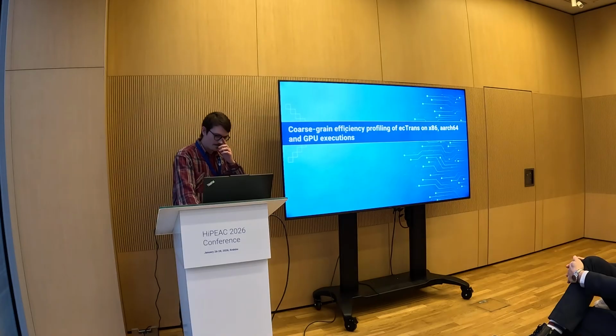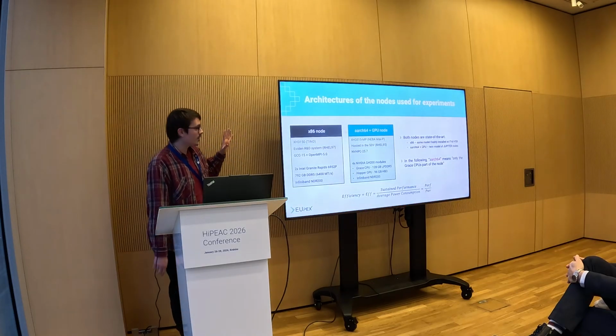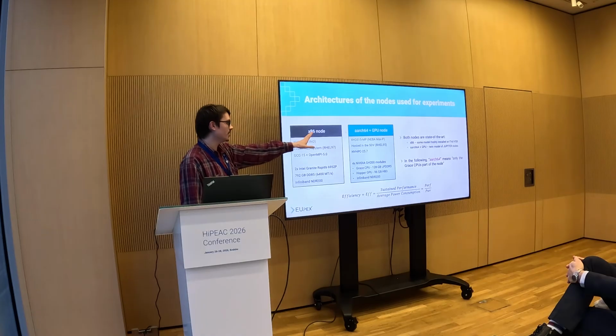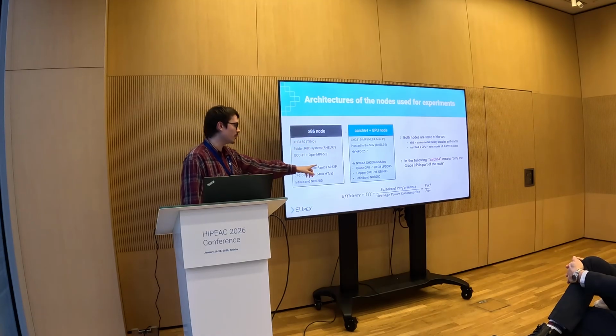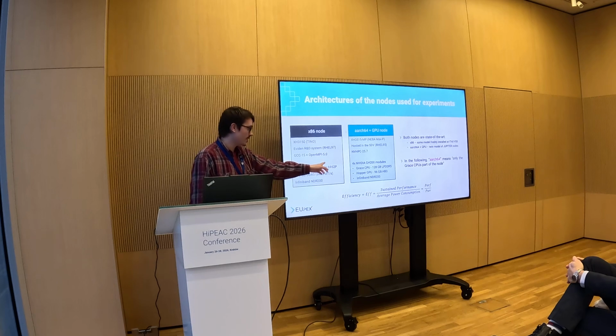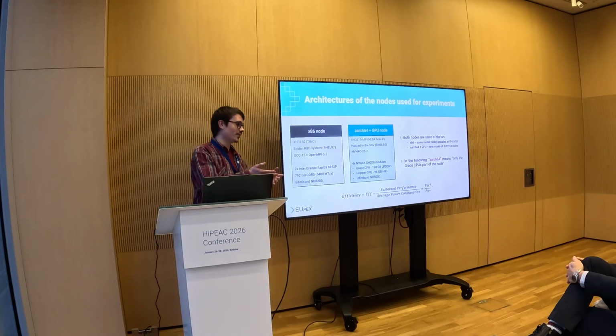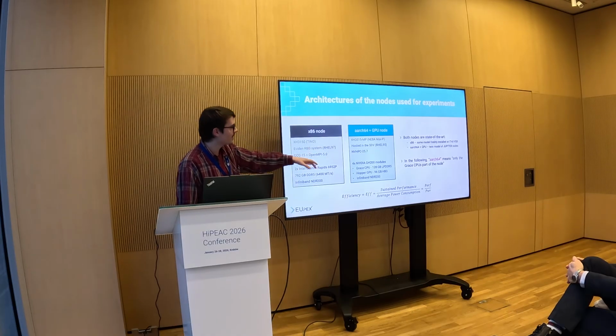Okay, so the first study. The goal is to see what is the best architecture to execute EC-trans between 3 of them. The first one is an x86 node. It's a state-of-the-art Intel-based compute node with 2 Intel Granite Rapids CPUs. VSB, the entity Ondra belongs to, just bought some of them.